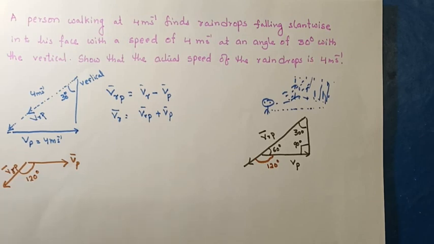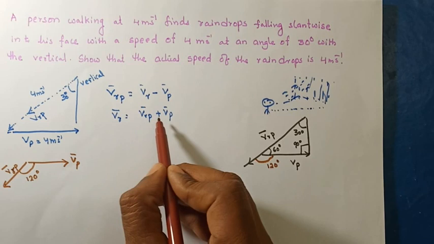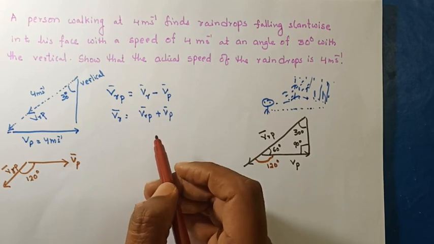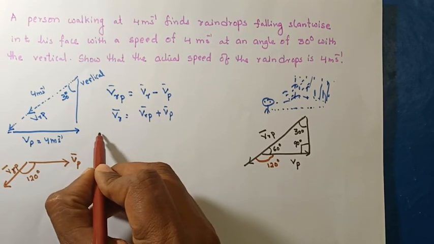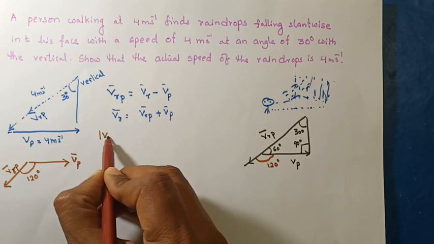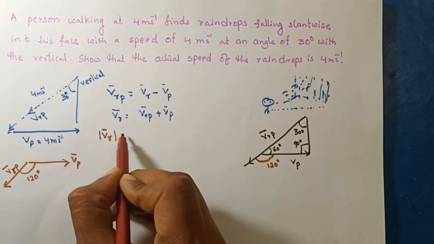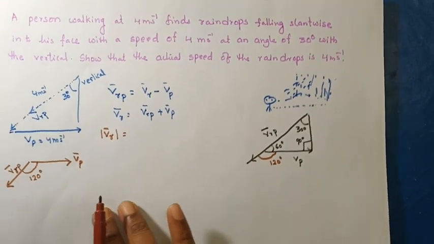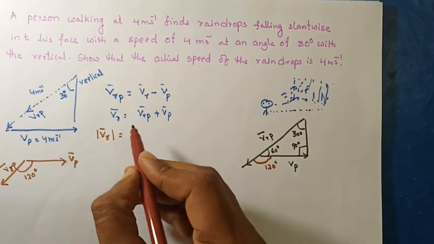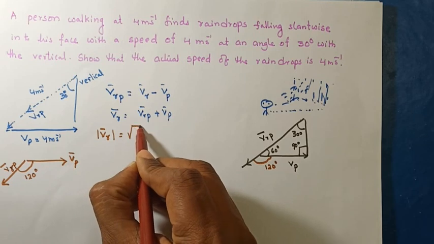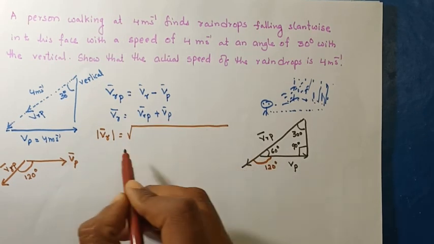Now the angle between them is 120 degrees. I want to calculate the velocity of the rain magnitude, right? So I use the parallelogram law of vectors to calculate this.